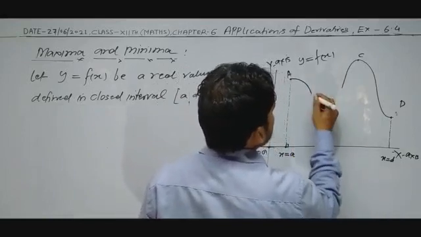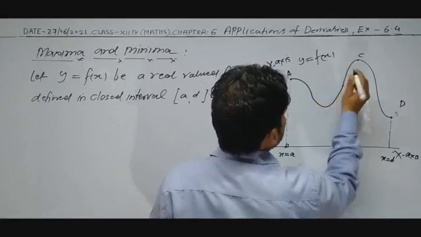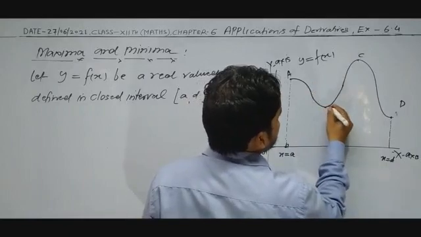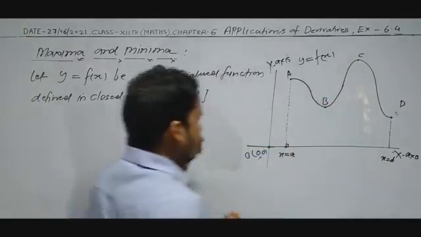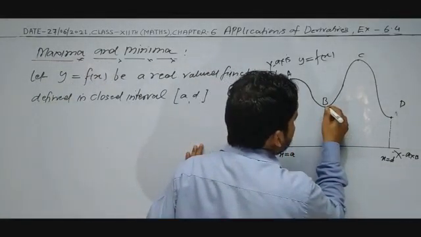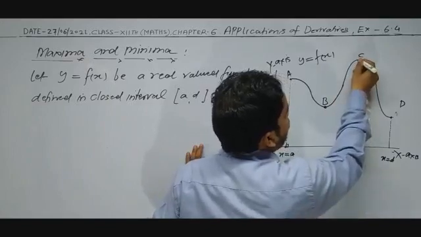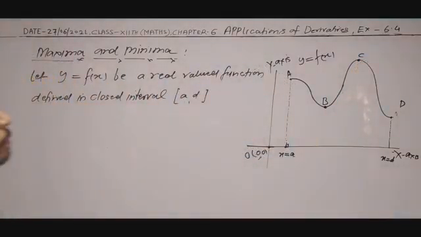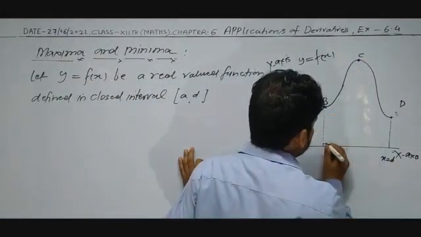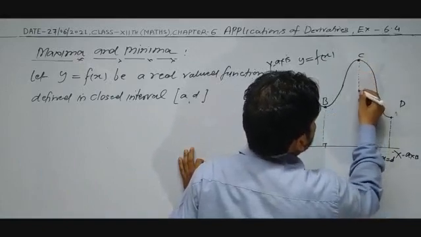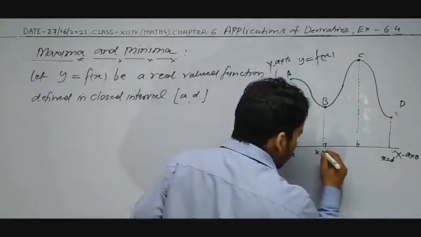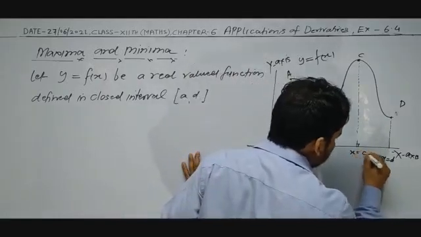Suppose this is the minimum value, point B. The function attains the minimum value at B and the maximum value at C. When you draw the perpendicular projections from B and from C, here x is equal to b is the point, and here x is equal to c is the point.